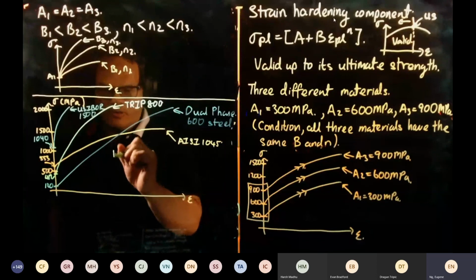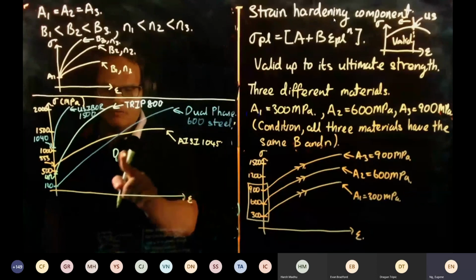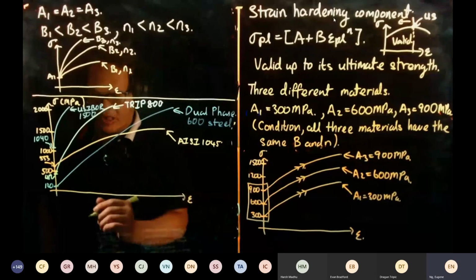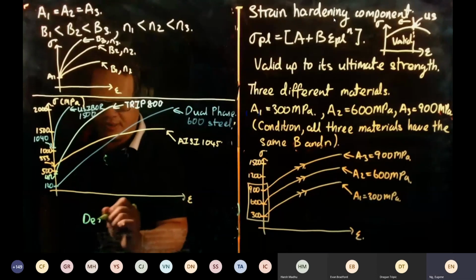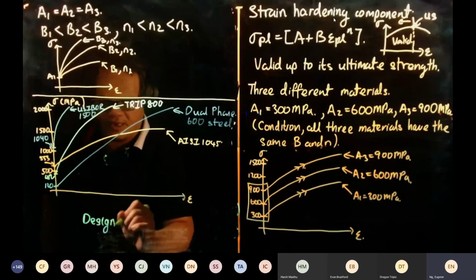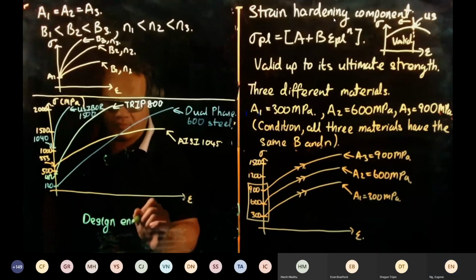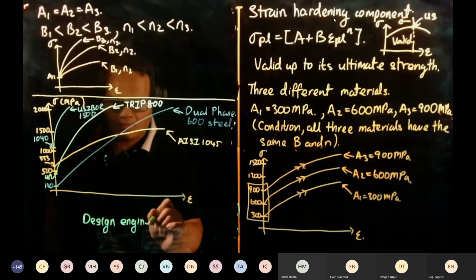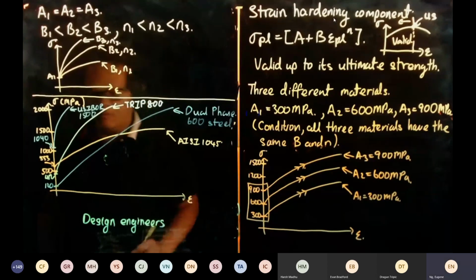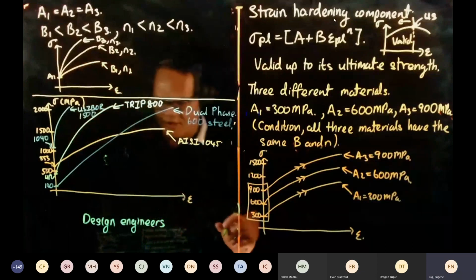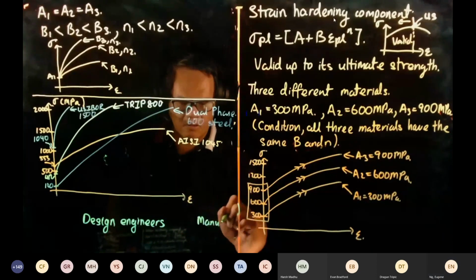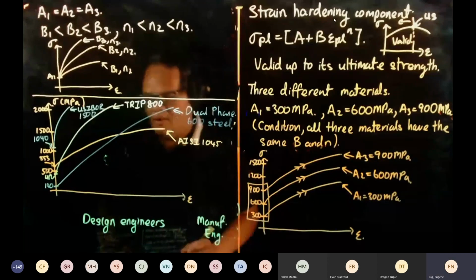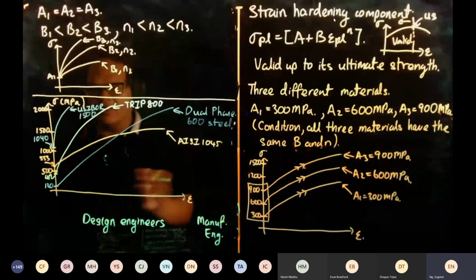So the next case I'm going to talk to you about is the design engineer. Don't write down here. And this is true in the real world: design engineers and manufacturing engineers are always going against one another.